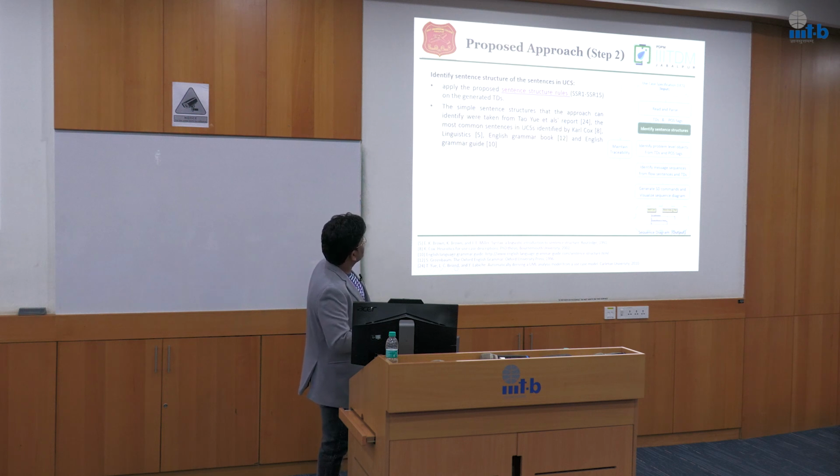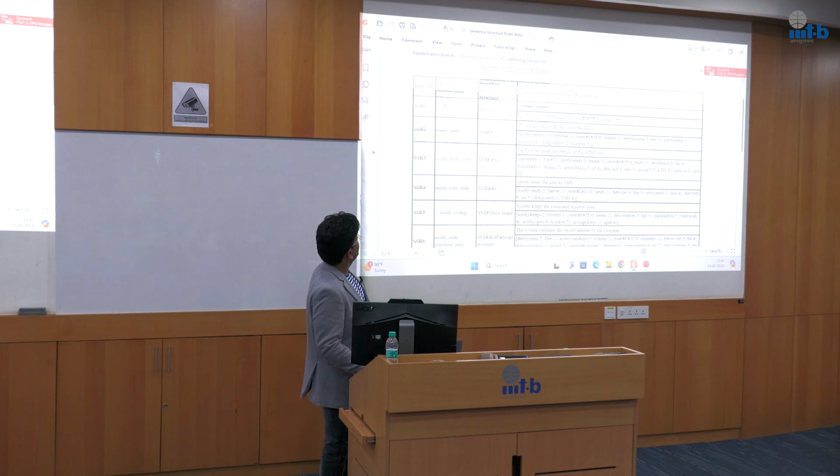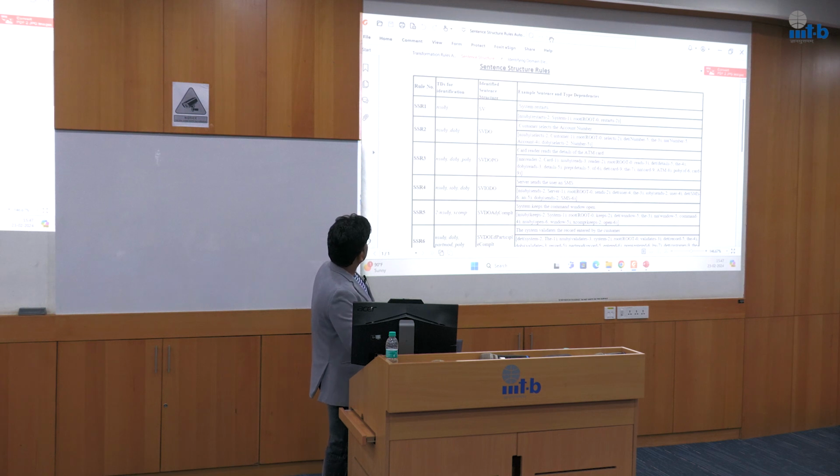Once we generate these type dependencies, we use sentence structure rules that we have created to identify the structure of that particular sentence, right? These are the sentence structure rules that we have developed. These are the sentence structures that are identified using the type dependencies: SVDO, subject verb direct object; subject verb direct object preposition object; subject verb indirect object direct object.